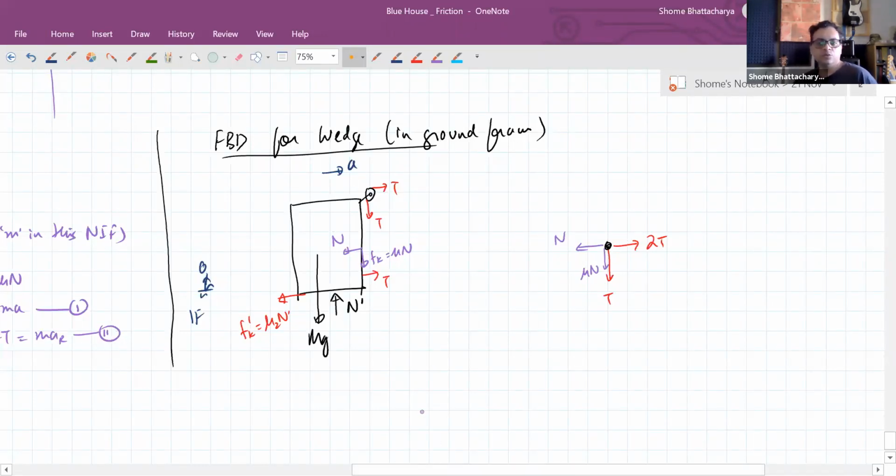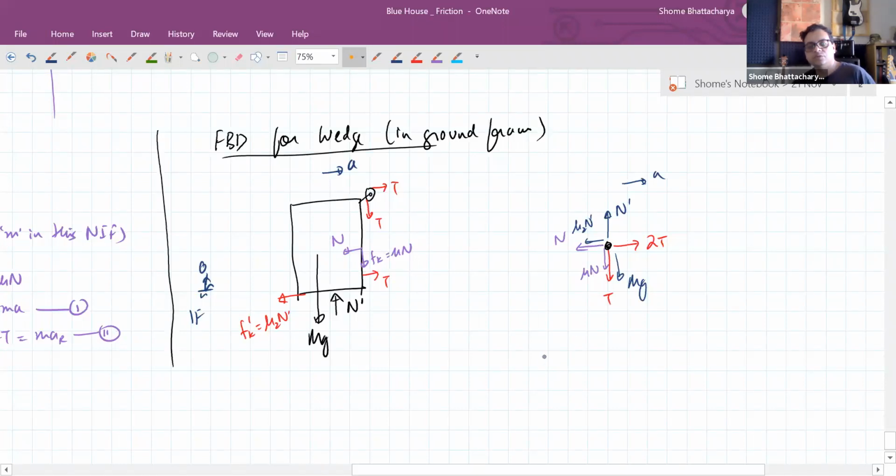There are these two forces. Then there is, of course, the wedge's own weight, capital Mg, the normal reaction with the ground N prime, and the kinetic friction that the ground is applying, which is mu2 N prime, and this is the horizontal acceleration.